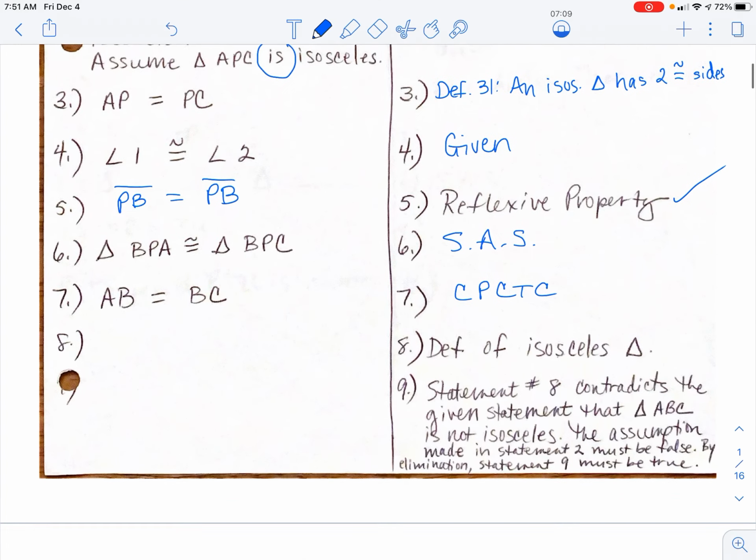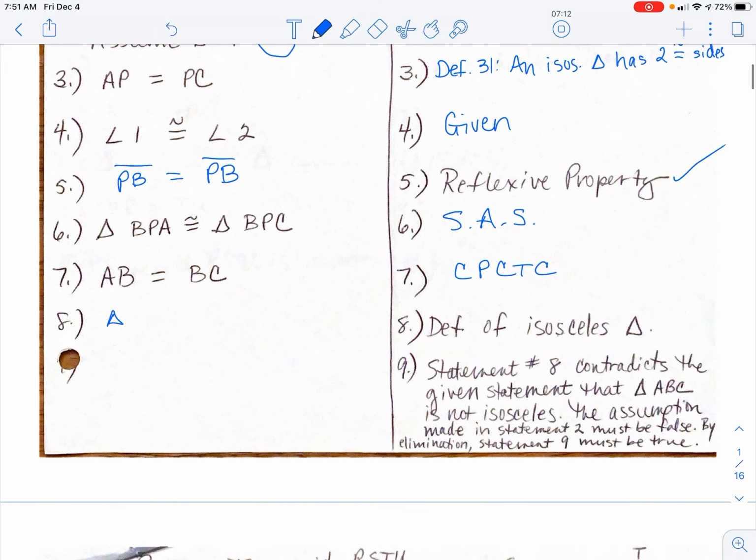So ABC is an isosceles triangle. We'll write that in here in step number 8. Triangle ABC is isosceles, based on step number 7. The definition of an isosceles triangle is how we can state that. It has two congruent sides, so it is an isosceles triangle.